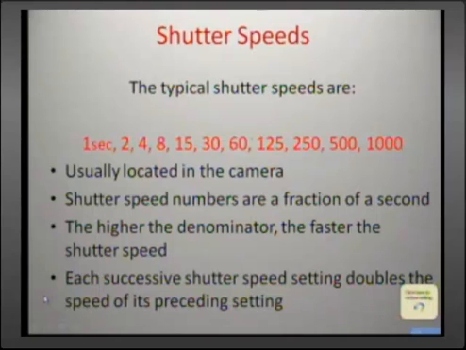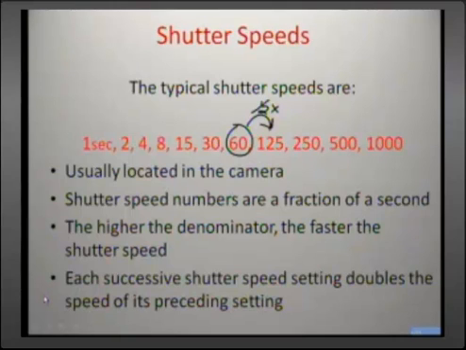Each successive shutter speed setting doubles the speed of its preceding setting. So for an example, when I'm talking about a 60th of a second, and I go to 1/125th of a second, now we have doubled the speed of the shutter. When we double the speed of the shutter, then the amount of time that that shutter is open is actually cut in half. So if we're going to faster shutter speeds, then the amount of time the shutter is open becomes much, much shorter.